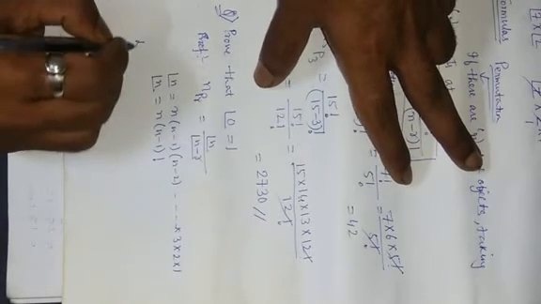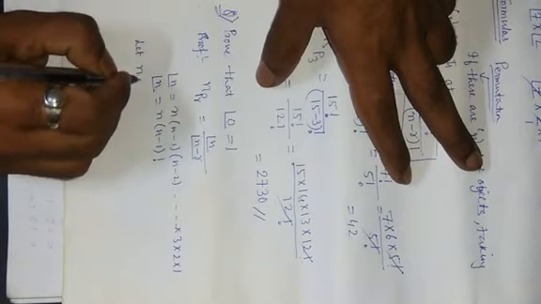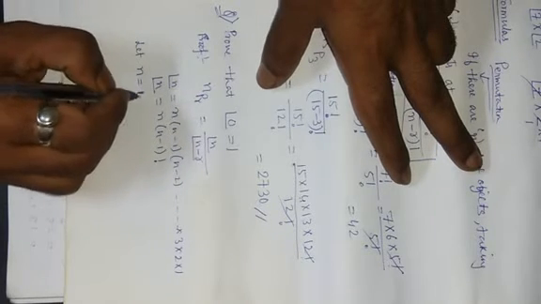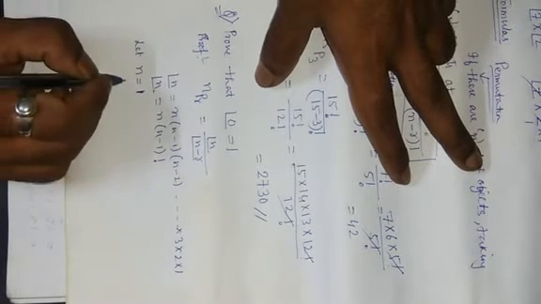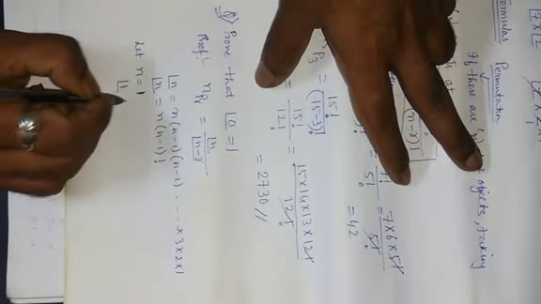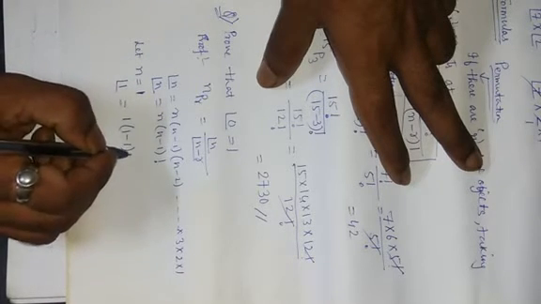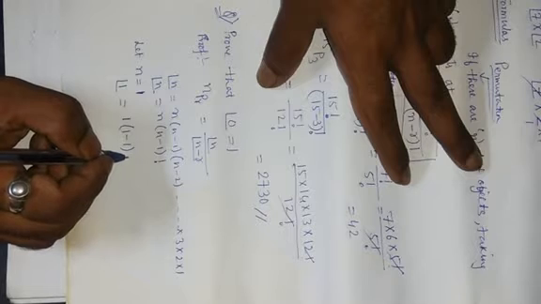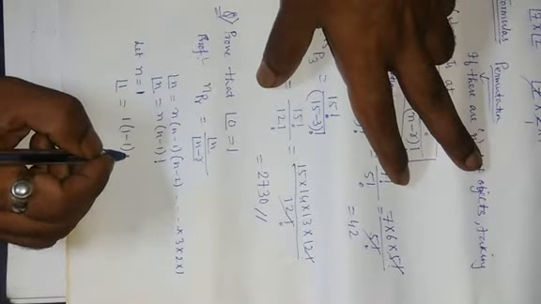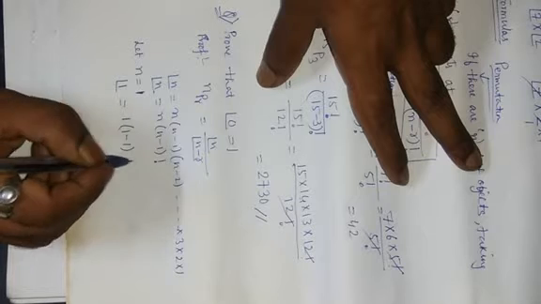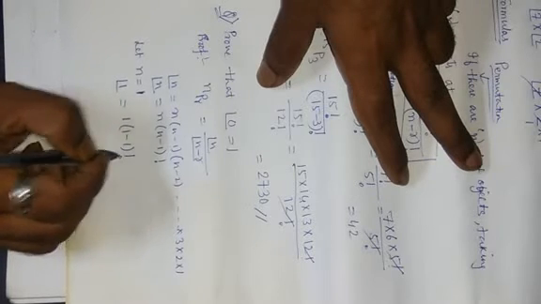Now let us consider n equal to 1. So if I take n equal to 1, it will become factorial 1 is equal to 1 into 1 minus 1 factorial.